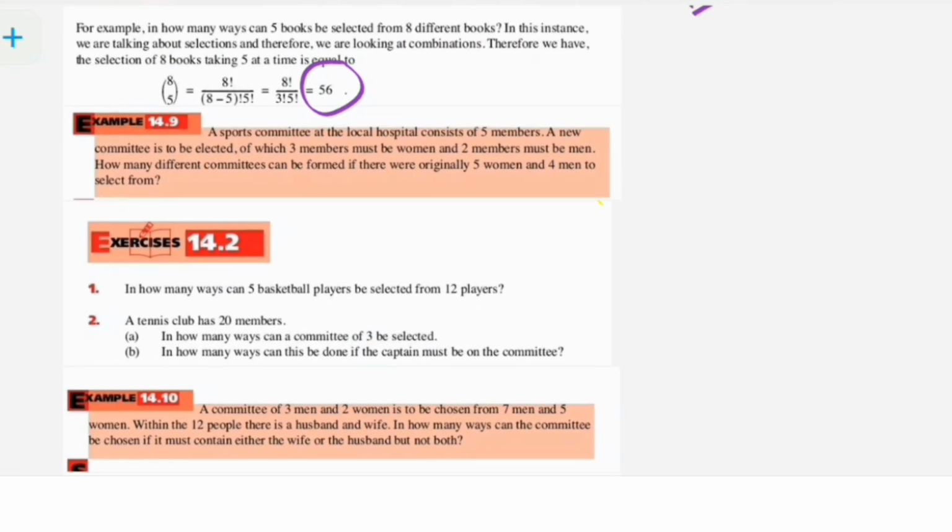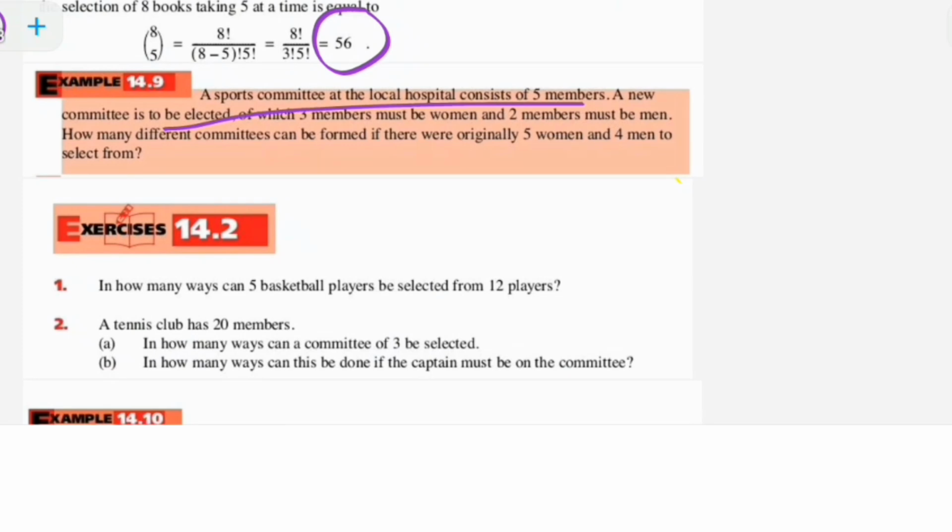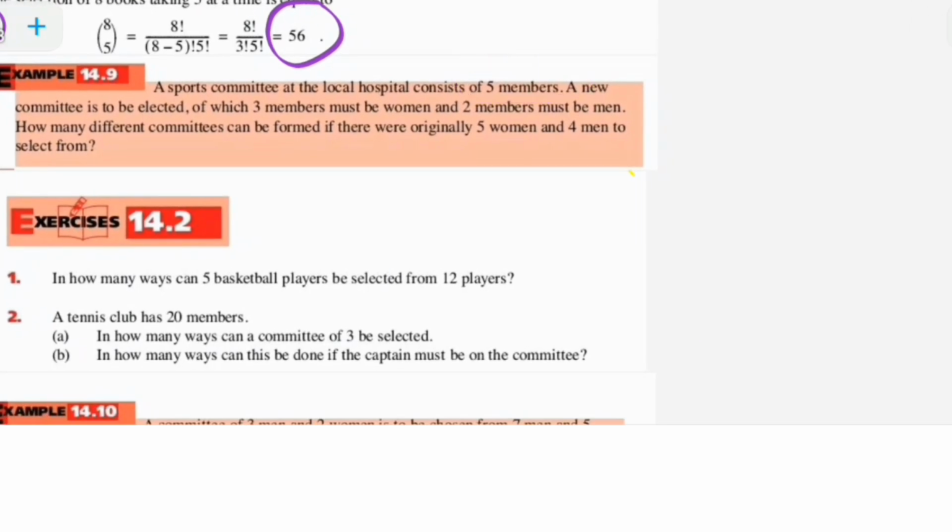Now let's look at this example. A sports committee at the local hospital consists of 5 members. That's everybody in the sports committee. There are 5. Since out of these 5 members, a new committee is to be selected, let's get that down first. Total number is 5.